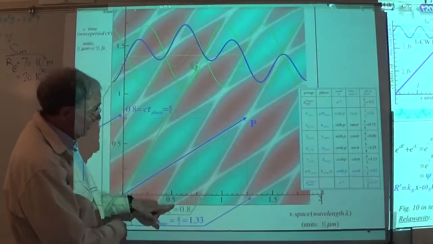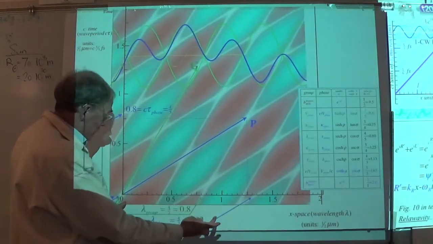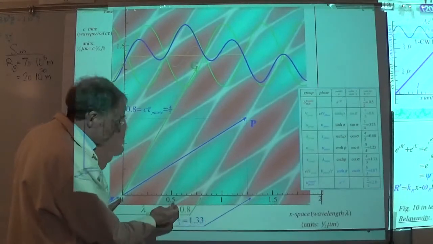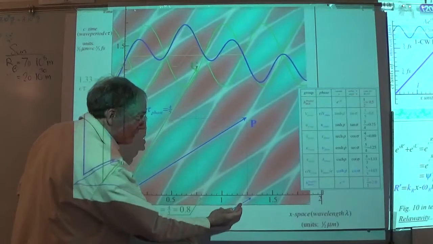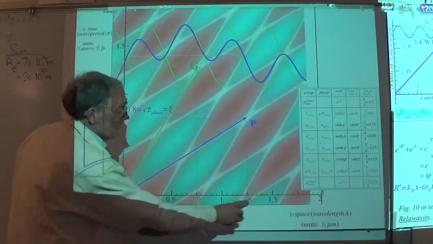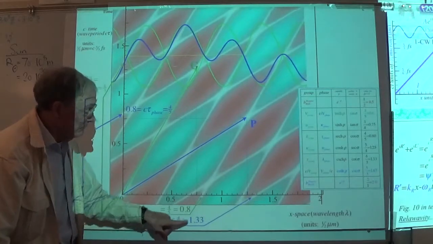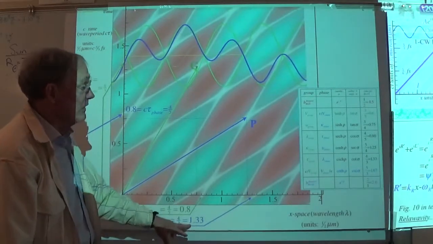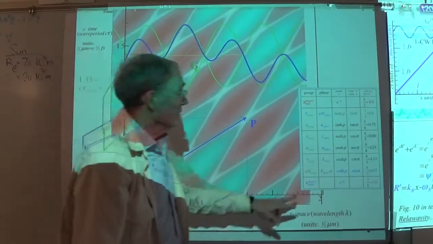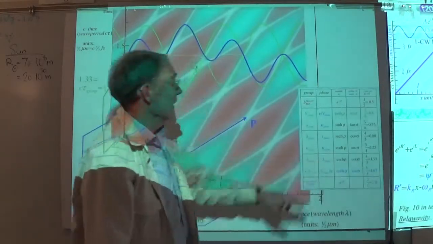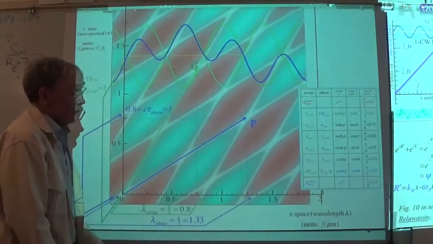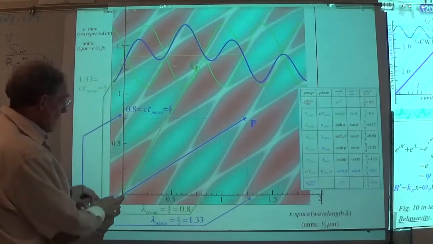There's the zero that we don't count. We start with this one and we don't count the next one. We do count the second one after that. And that's right there. So that gives you the lambda phase of 4/3. This is it right there. That's the cosecant zeros, basically.